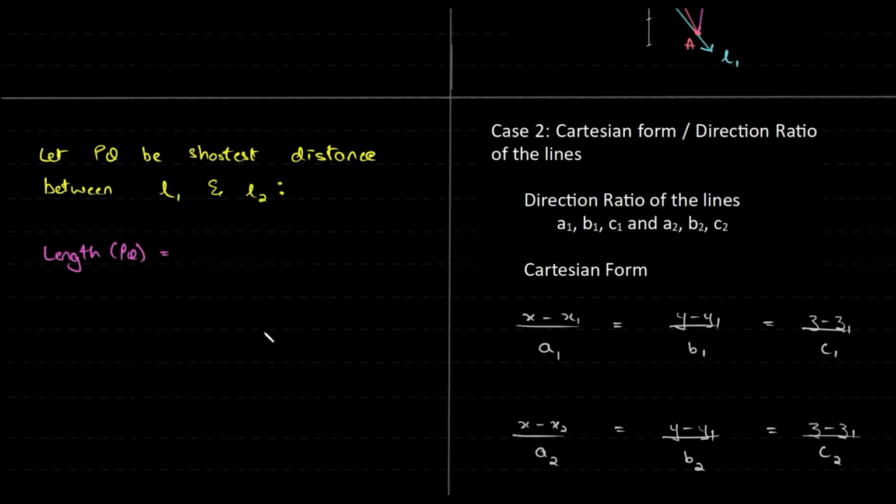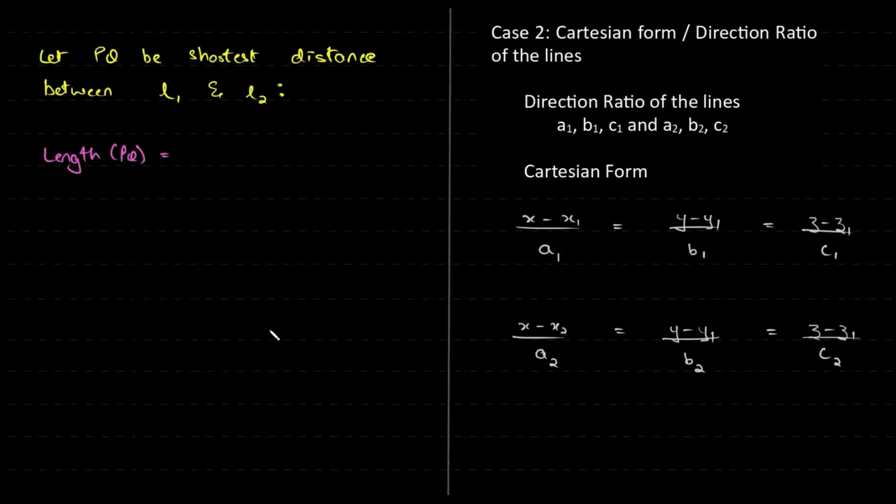Okay, if it sounds confusing, let me put it in this way. You can find the length of PQ by finding the projection of AB in the direction of PQ.